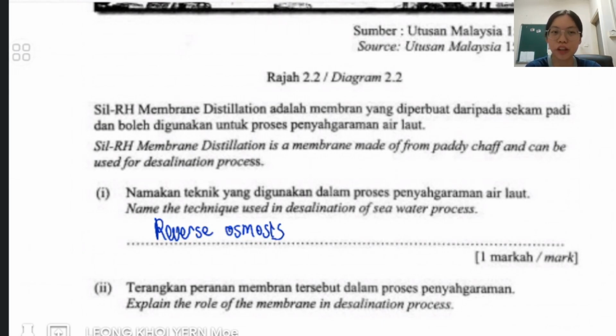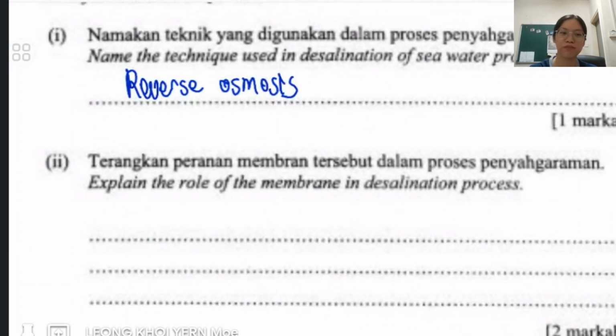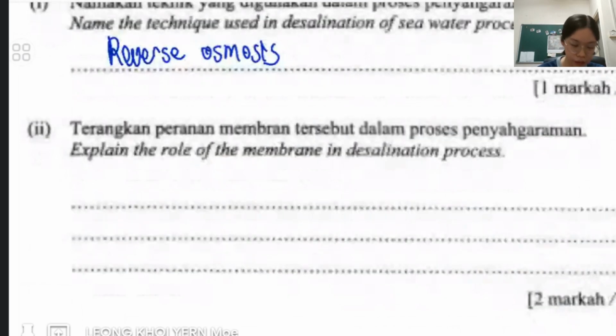You need a membrane, right? You cannot just straight away give it to drink. You need a membrane to filter the salt out. So you have to mention what the characteristics of the membrane are and what you do to the water so that it gets filtered.